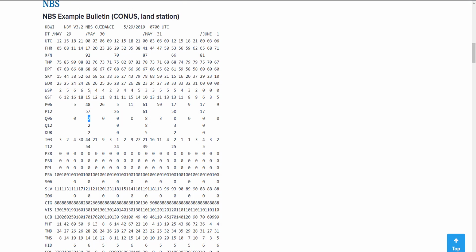So at some point in the afternoon, between the hours of 2 in the afternoon and 8 p.m. in the evening, I have a 48% chance of rain. If it does rain, this model is saying I'm only going to get 0.02 or 2/100ths of an inch of rain, which is really not that much, especially over a 6-hourly time block.